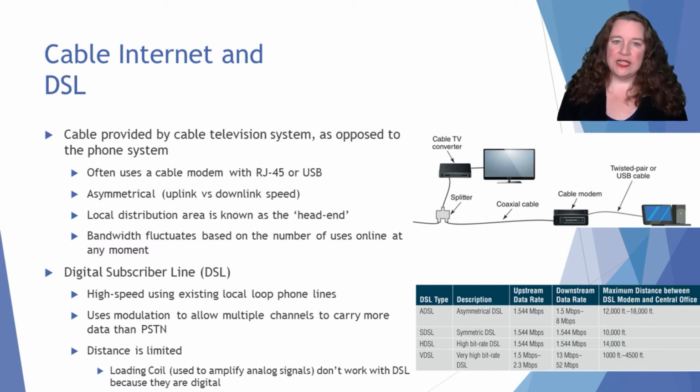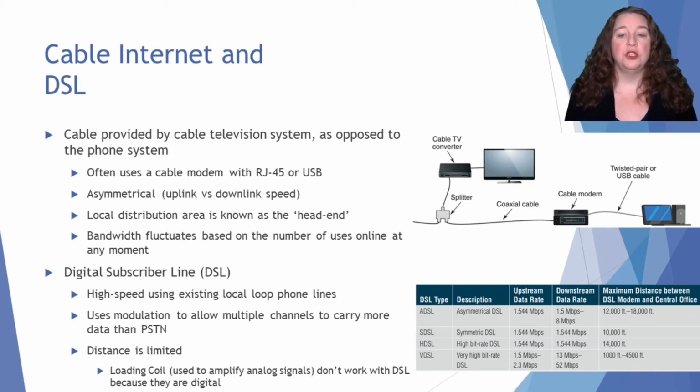The problem with DSL was that the distance was somewhat limited. So you can see the distances here between your modem and the central office. The minimum was 1,000 feet, which is not very far. And it would go up to about 18,000 feet for asymmetrical DSL.